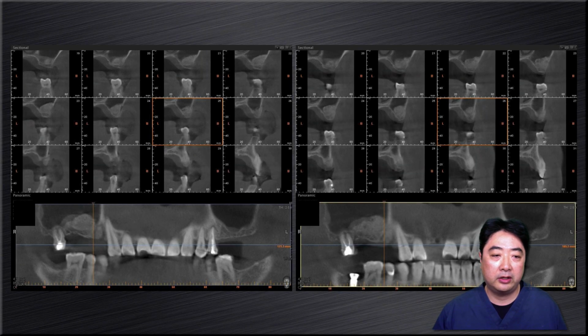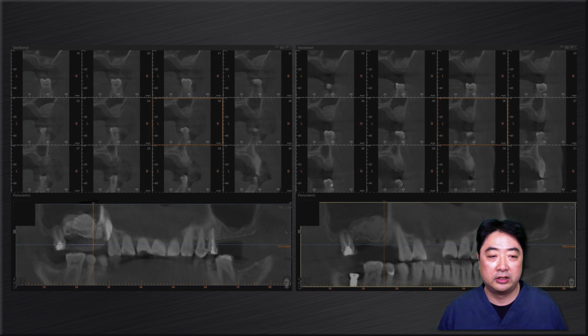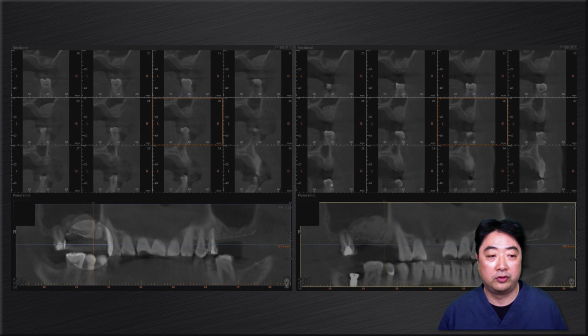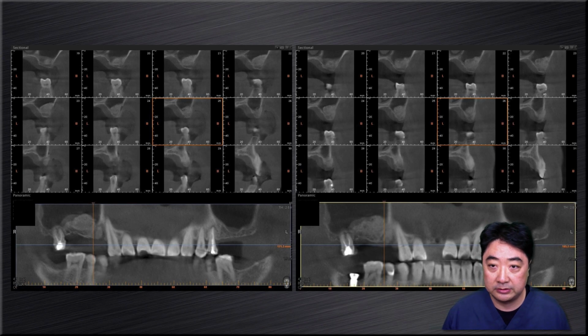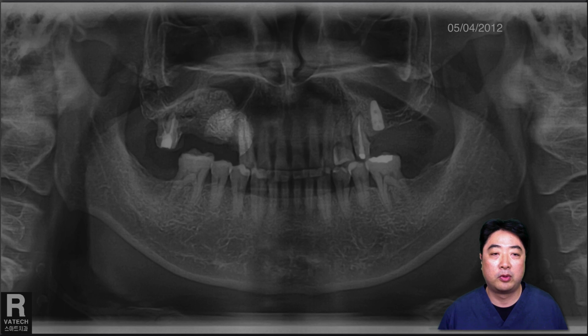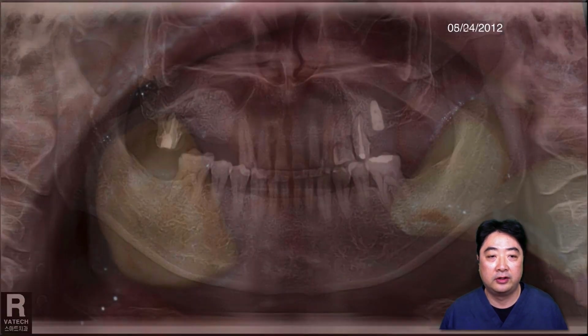This is the CT scan taken just before the implant placement. As you see, the grafted bone is much more consolidated compared to right after the bone graft.